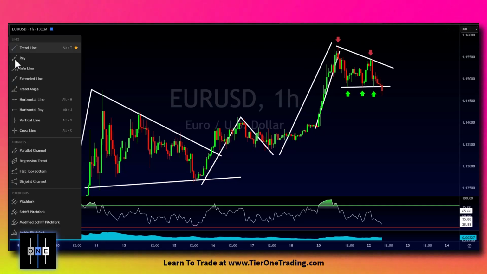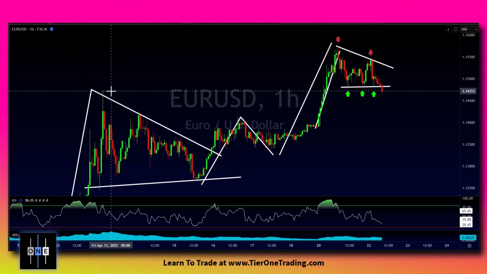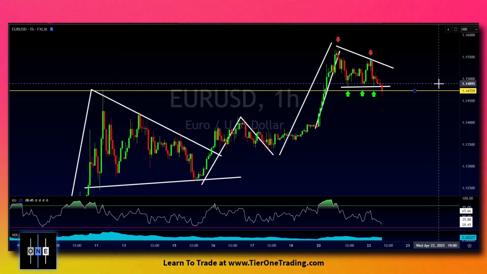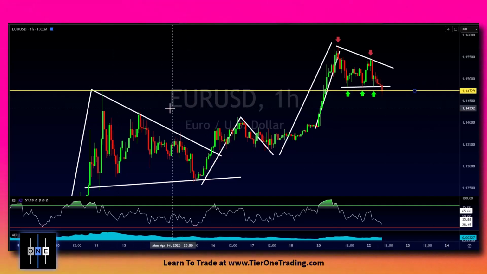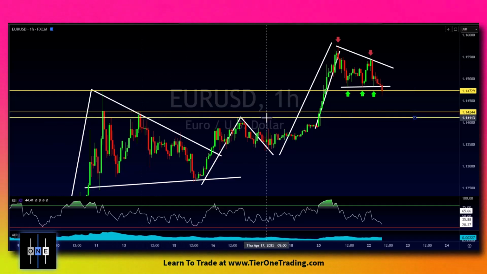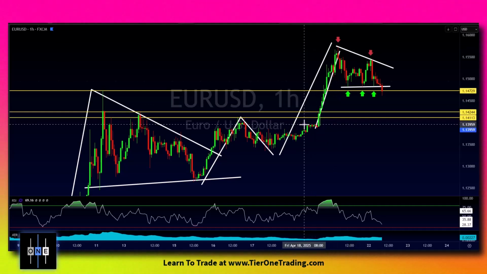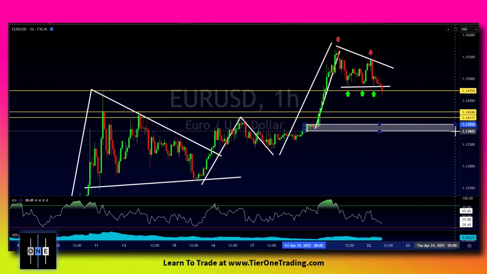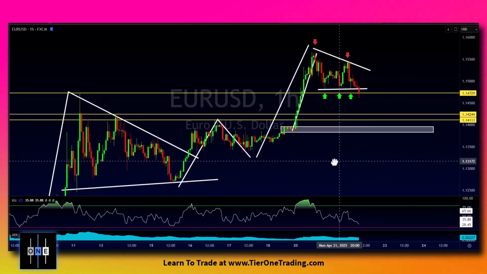So let's identify some levels here, right? I'm going to draw a level right here at the previous high. I'm going to go down to our next structure level, right? See the theme here? And I'm going to look at this level right here as well. These are going to be the important levels that stand out for me.